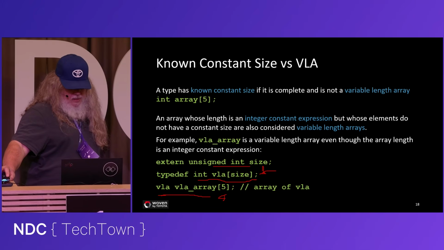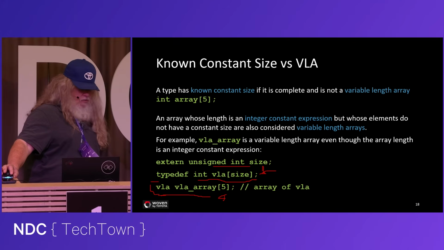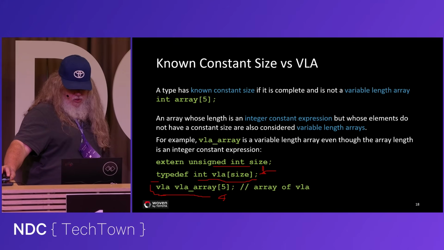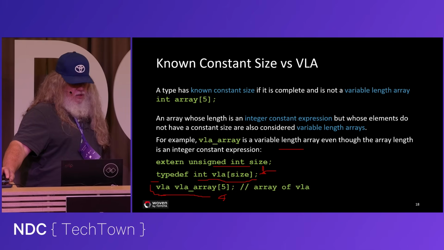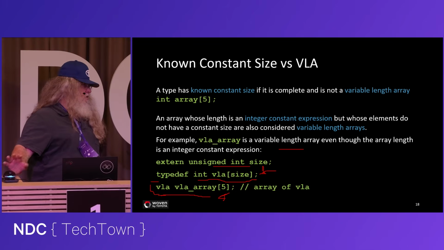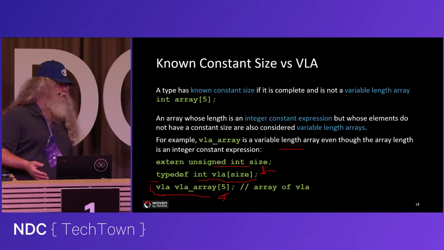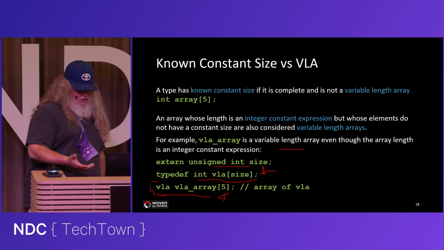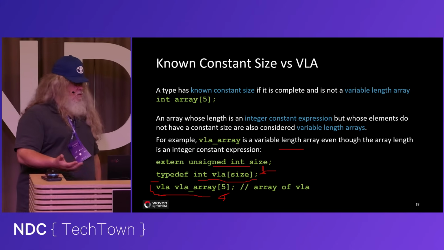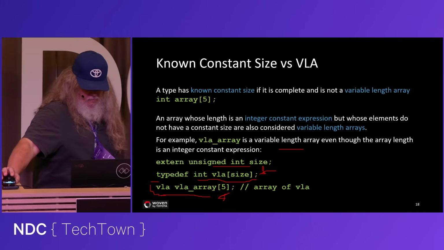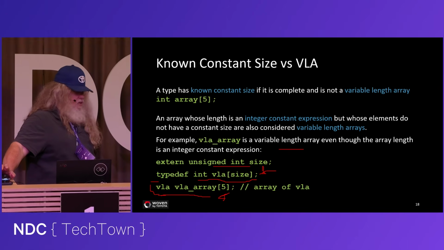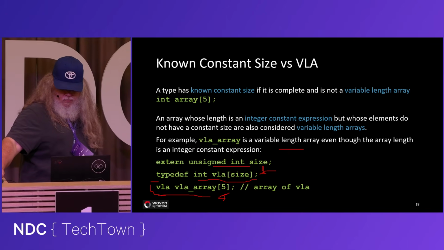And so the size of this entire structure is unknown. For that reason, the whole structure is considered a variable length array, even though it's sized with an integer constant. So that's a subtle distinction, which is not necessarily readily apparent.